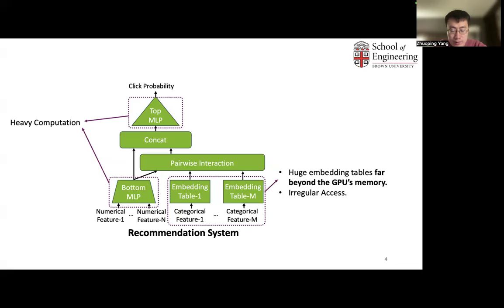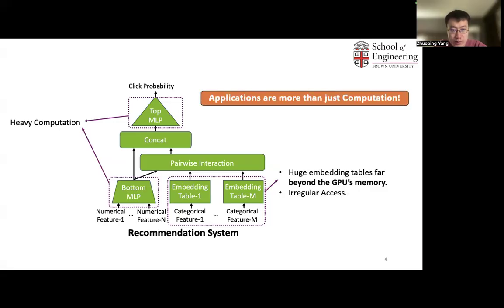And in this process, the recommendation system needs to deal with a huge amount of data, and the huge embedding tables are far beyond the GPU memory capacity, and also it has irregular access. And in this case, we can say that modern applications are more than just computation, and we also need to handle a huge amount of memory footprint.